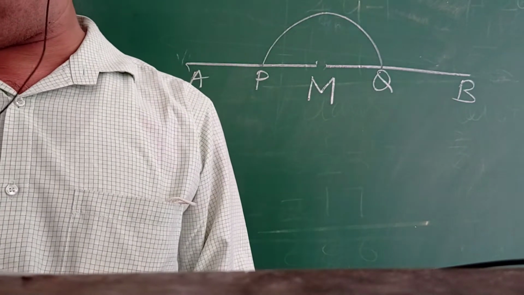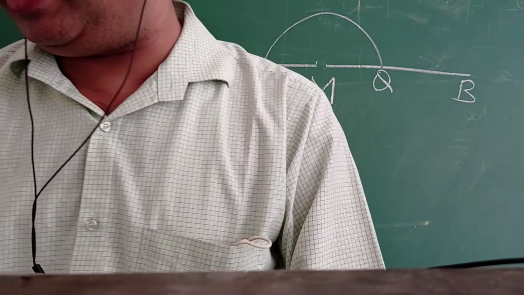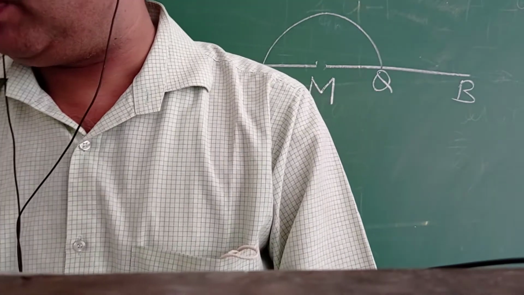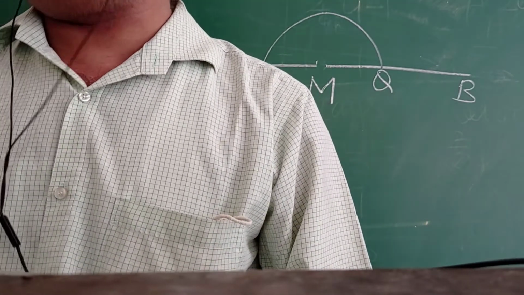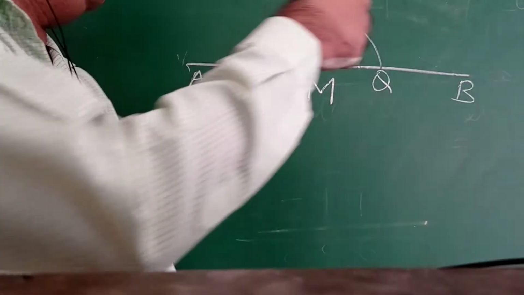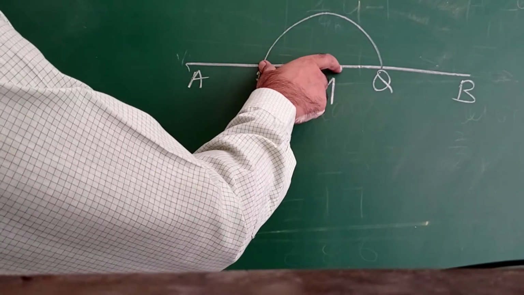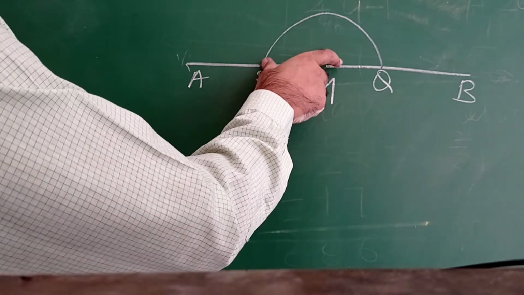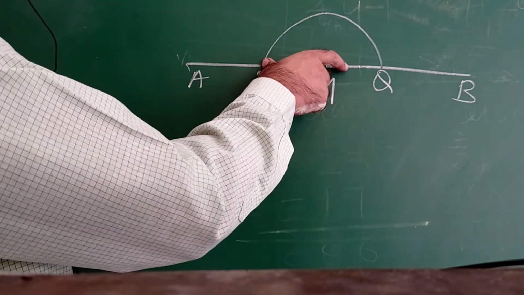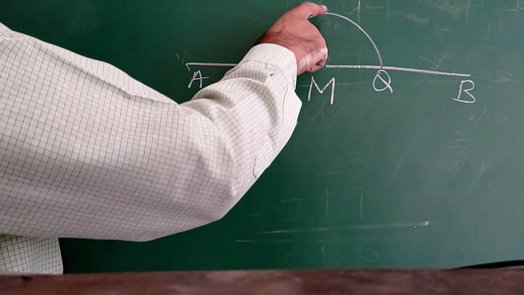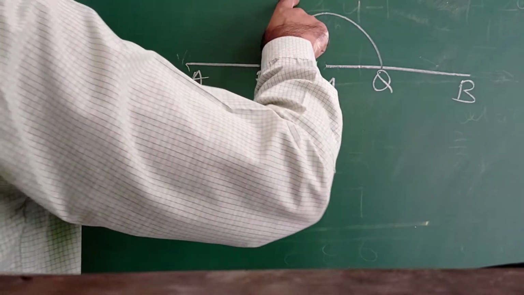Now with P and Q as centers and a radius greater than half of PQ. Now what will you do? You will take a radius more than half of PM. What radius will you take greater than half of PM? You will mark an arc.